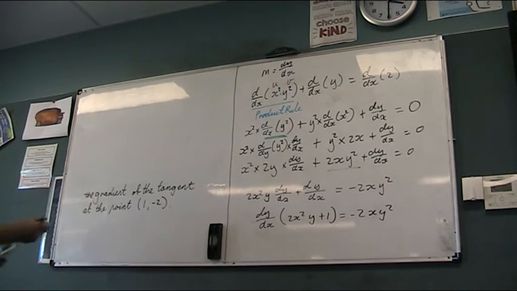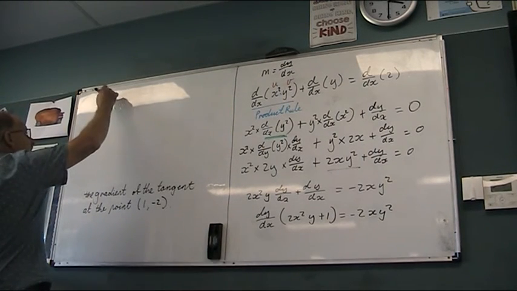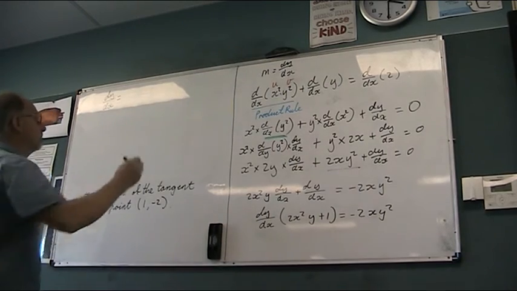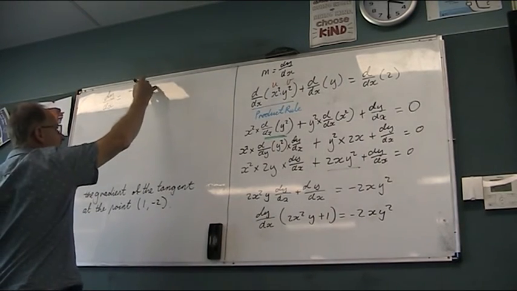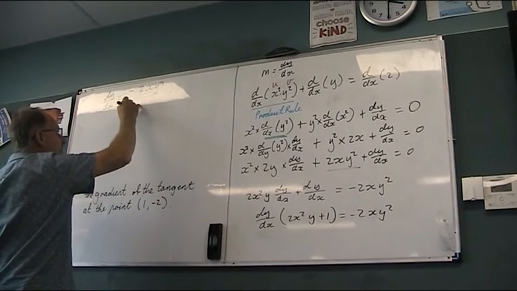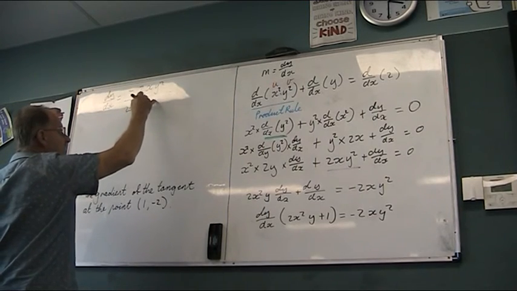So finally, dy/dx is equal to negative 2xy squared over 2x squared y plus 1.